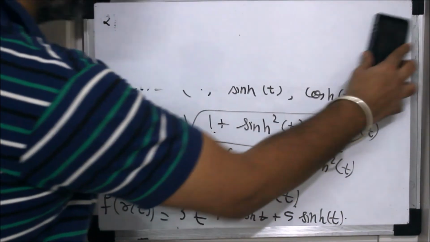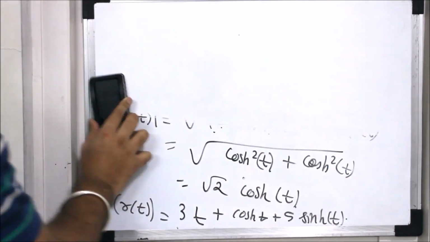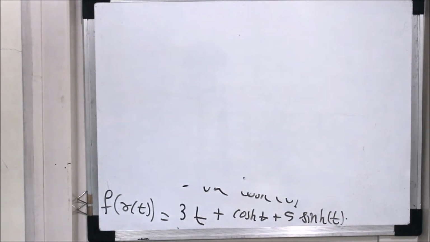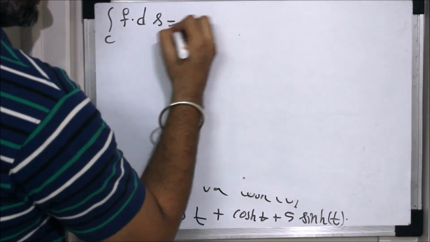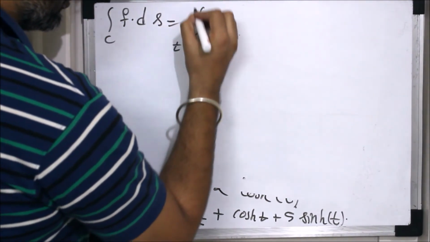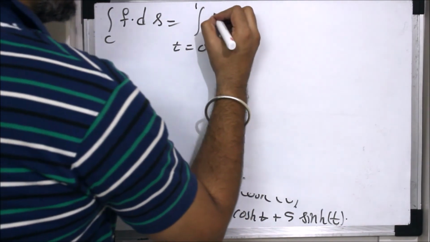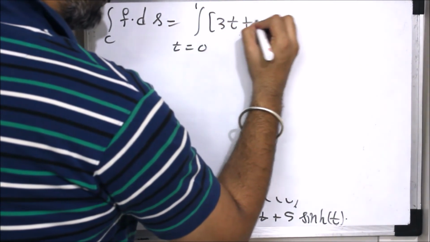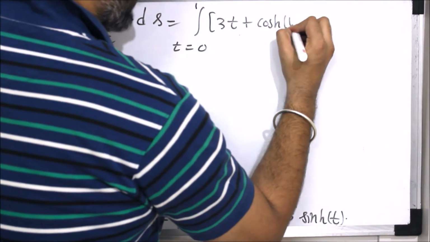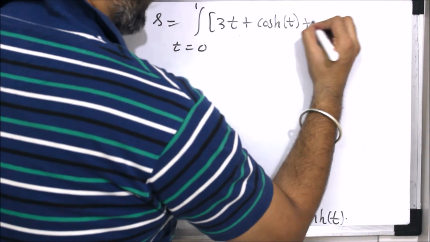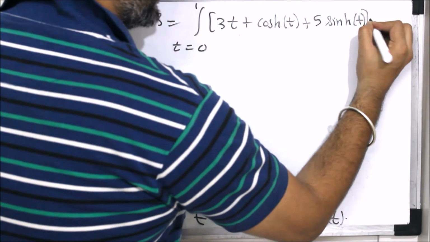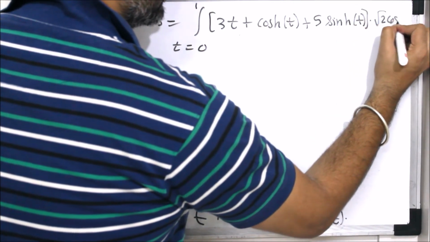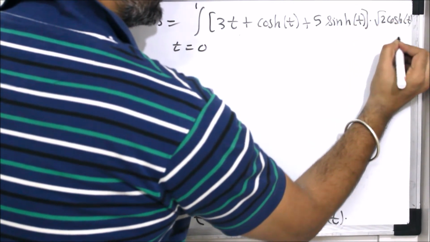You simply multiply, and that is my line integral. So the line integral is the integral over C of f dot dr, with t running from 0 to 1. Multiplying, it is (3t plus cos t plus 5 sine hyperbolic t) multiplied by root 2 cos hyperbolic t dt.